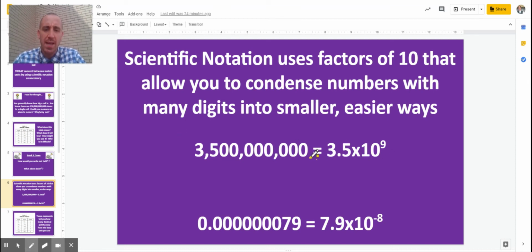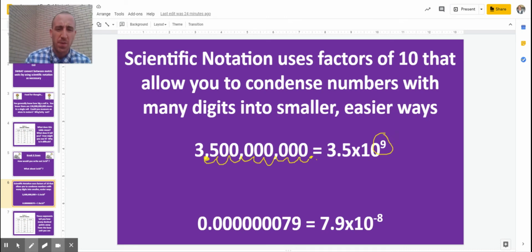Well, you have to move the decimal point to its position over here. How many places? 1, 2, 3, 4, 5, 6, 7, 8, 9. So when you want to move the decimal point to where it would be for scientific notation, it's 9 places, which is where that 9 comes from.